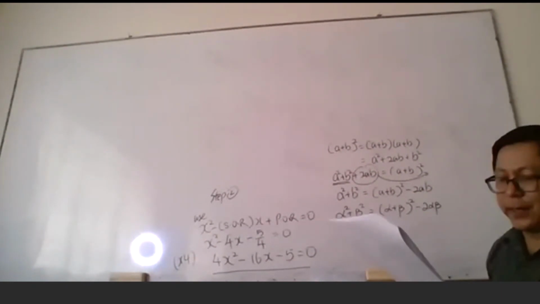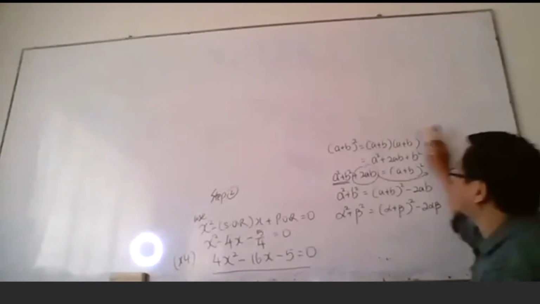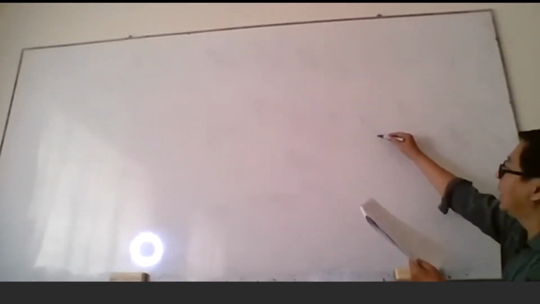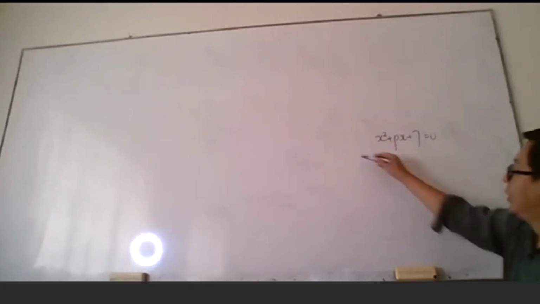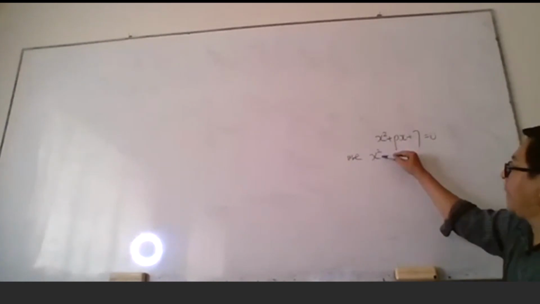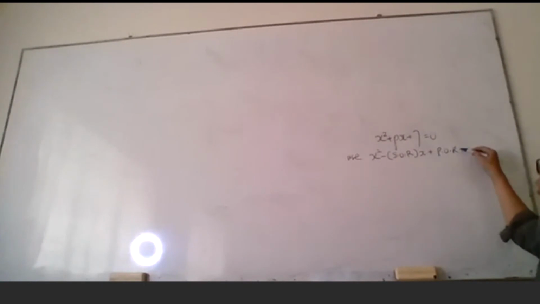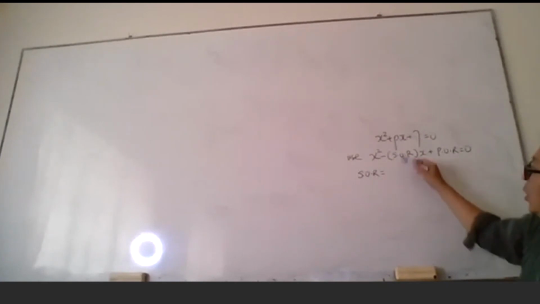Okay, please look at the question now, especially question number 10. The first question says x squared plus px plus 7 equal to 0. I'm going to use x squared minus the sum of the roots x plus the product of the roots. The sum of the roots is actually negative p, so plus minus is minus p.